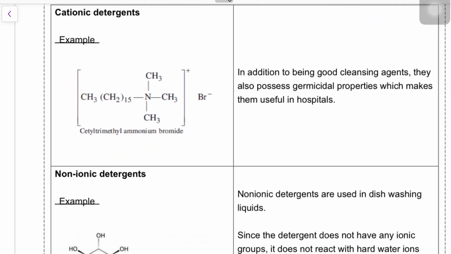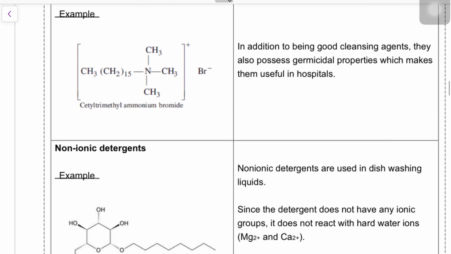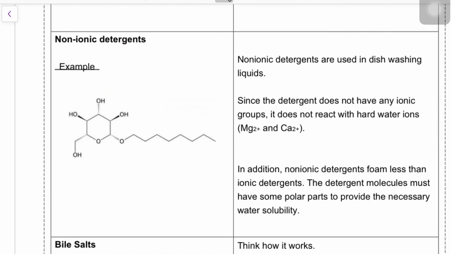We have negative charge ionic heads. Is it possible to have an ionic head with positive charge? The answer is yes, and here it shows. Is it possible to have an ionic head that is highly polar but not charged?